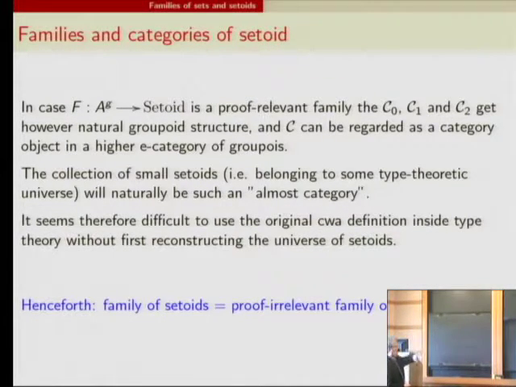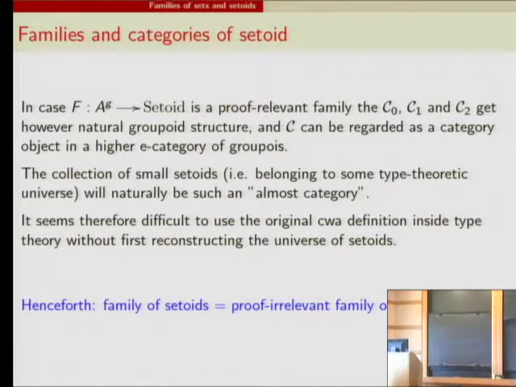So what would happen if you take a proof-relevant family? Then you would have three objects like this, but they would have rather a groupoid structure. I don't know if it has a name, but this is a category object in some higher E category of groupoids.